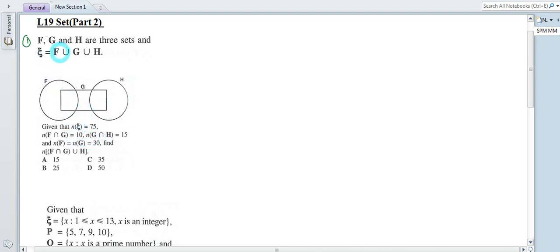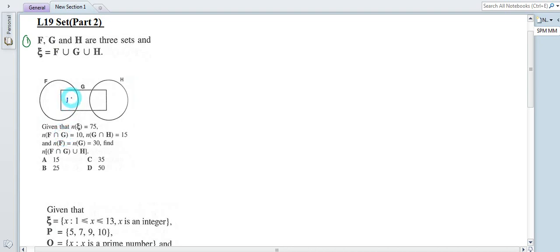So universal set is F union G union H, which means that we don't have any other element outside here. Okay, so number of elements for the universal set is 75, which means that all the elements you add up here you will get 75. And F intersection G, F and G overlapping area will be here, right? 10.